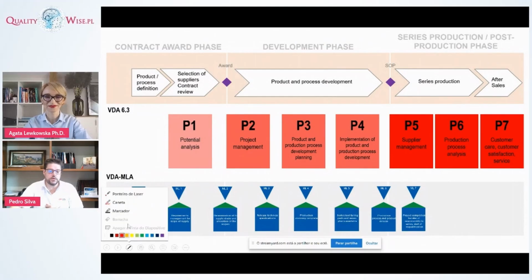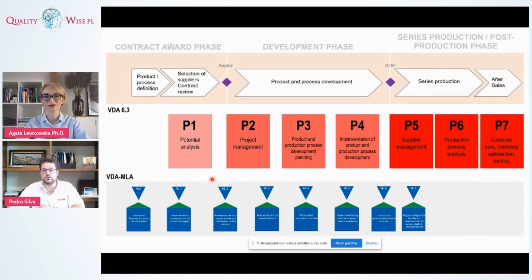We have seen in the last episode all of these process elements, P2 to P7. What VDA did is create this P1 potential analysis, which is a lighter way of auditing, and it is also, let's call it, a best-of of the questions from P2 to P7.